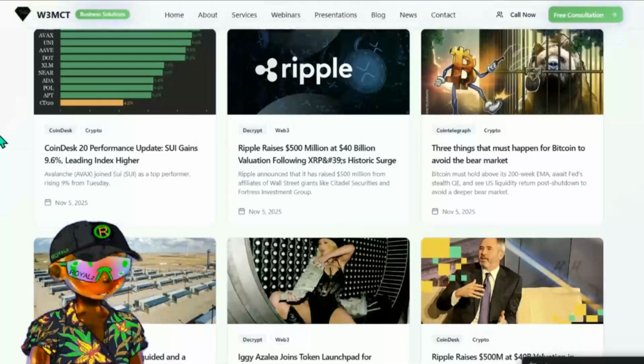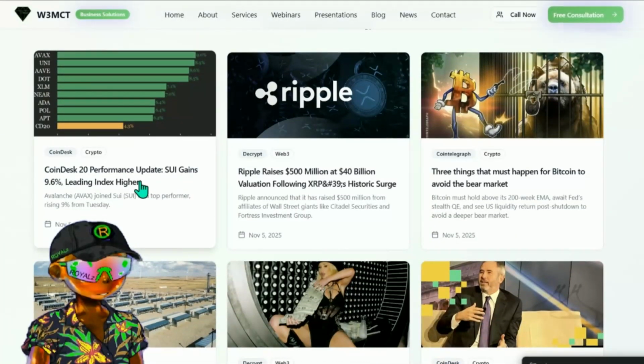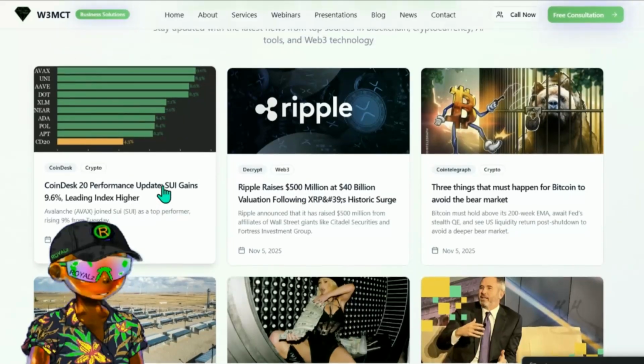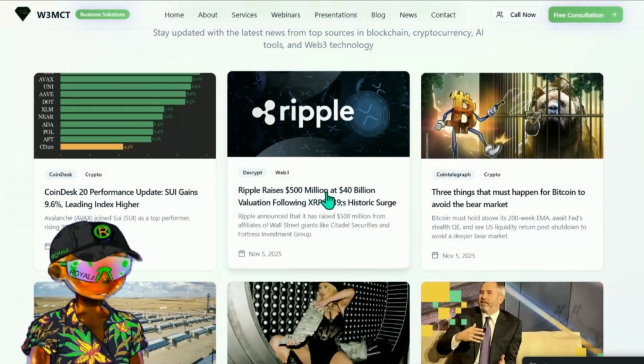So it looks like CoinDesk 20 performance update: SUI gains 9.6%, leading the index higher. Avalanche joined SUI as a top performer, rising 9% from Tuesday. Ripple raises $500 million at a $40 billion valuation following the surge.